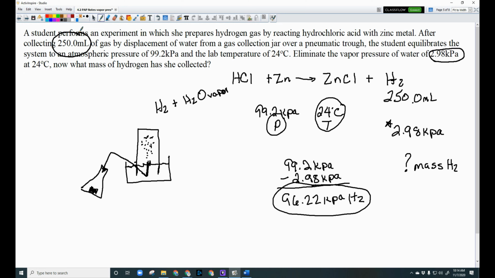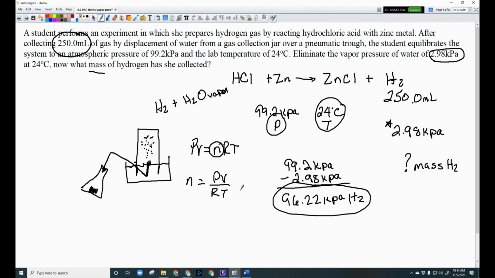So we can use PV equals nRT to solve for moles, and then we can convert our moles into mass using the mole map. All right, so let's do that. Moles is going to be equal to pressure times volume over RT.